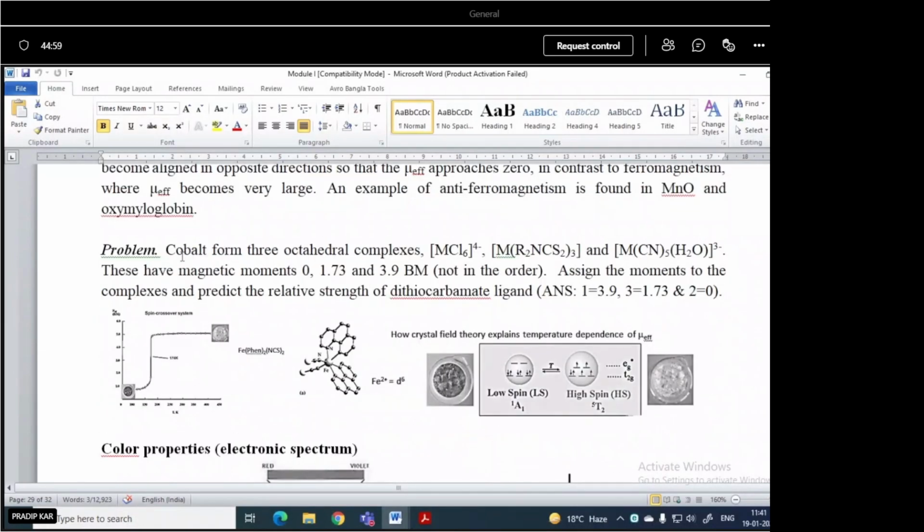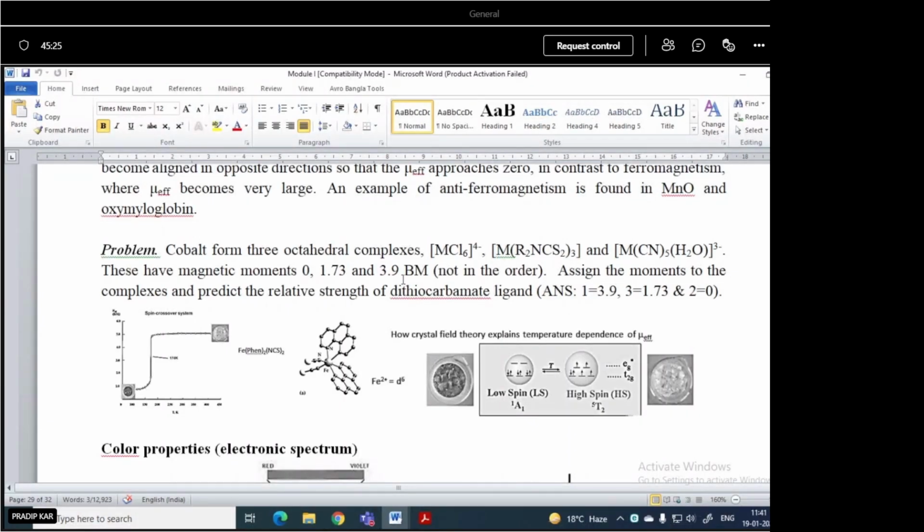So you can verify the magnetic moment of any complex. For example, for cobalt, the three octahedral complexes have magnetic moments 0, 1.73 and 3.9. It is not in order. You have to assign which one has which value. You can calculate using the formula and draw the splitting.